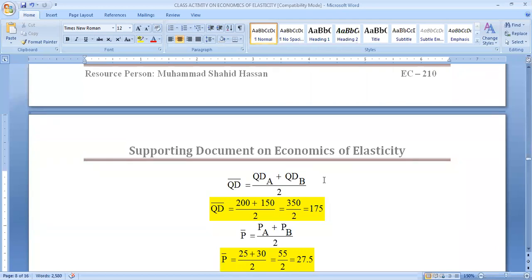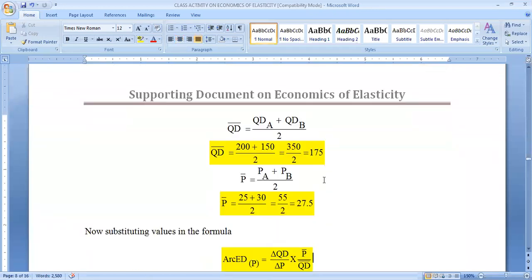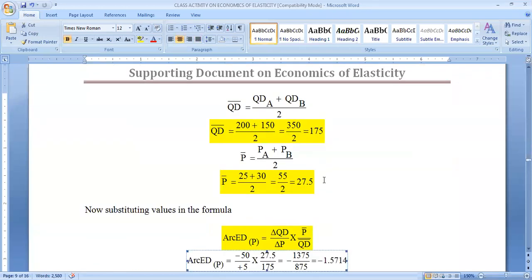So QD bar is the third component, and the fourth component is P bar, which is price at point A plus price at point B, the sum divided upon 2. Price at point A is given 25 while price at point B is given 30. The sum becomes 55 and it is divided upon 2 to obtain 27.5. So P bar equals 27.5 is the fourth component of our formula.